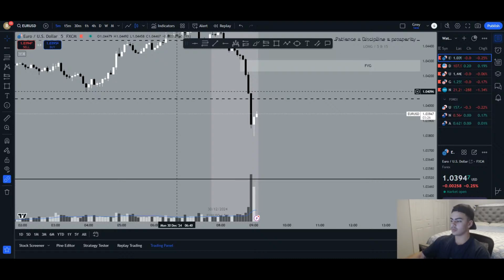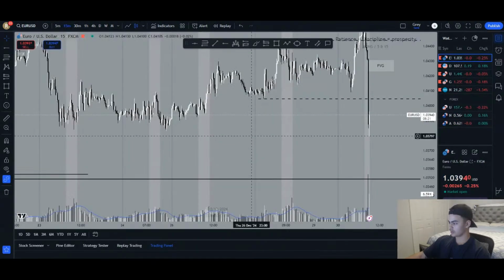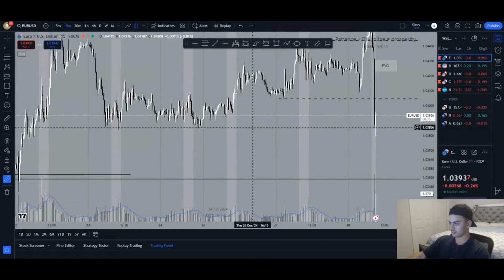This candle closed bullish on here. This area.